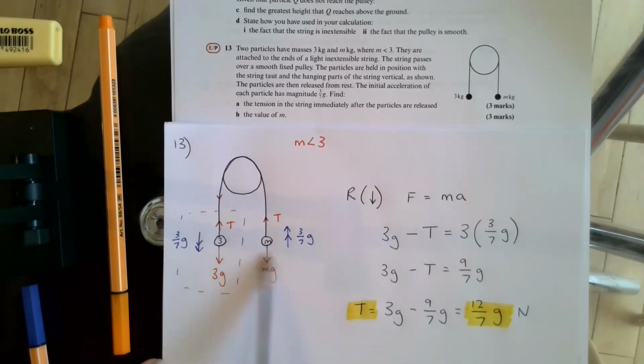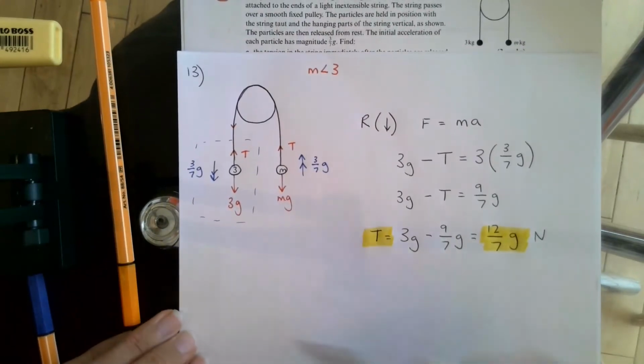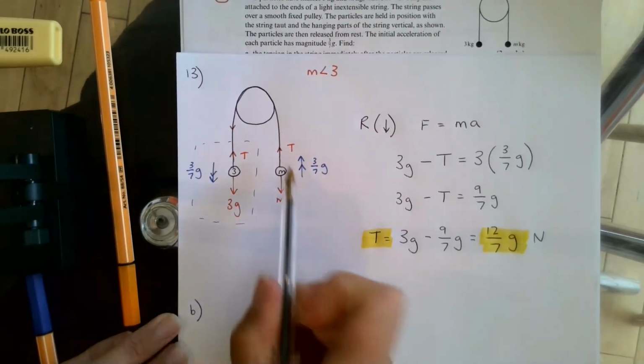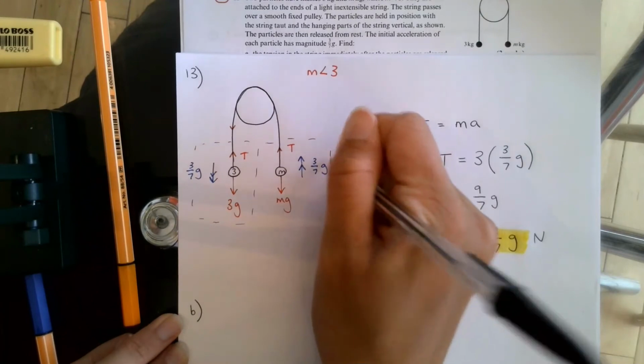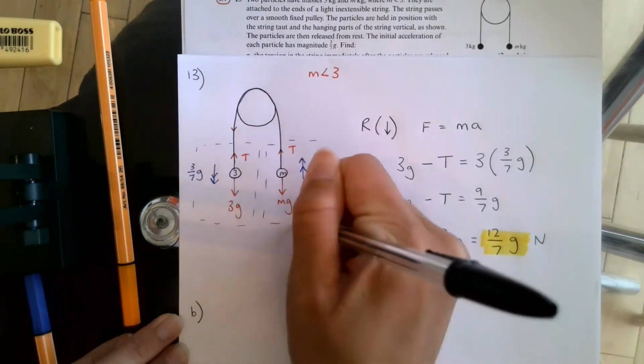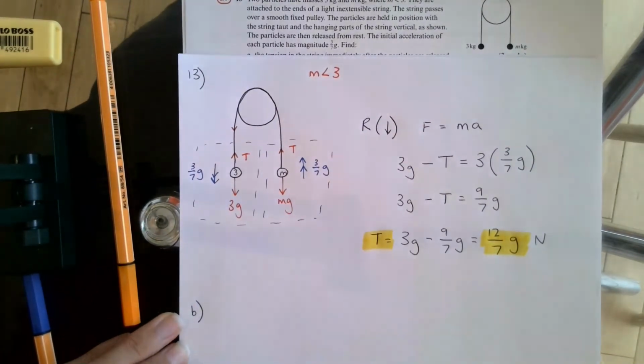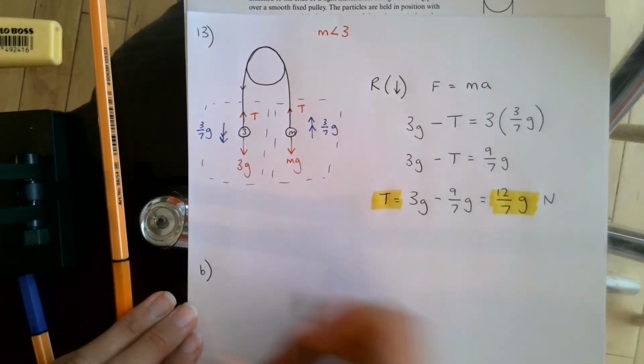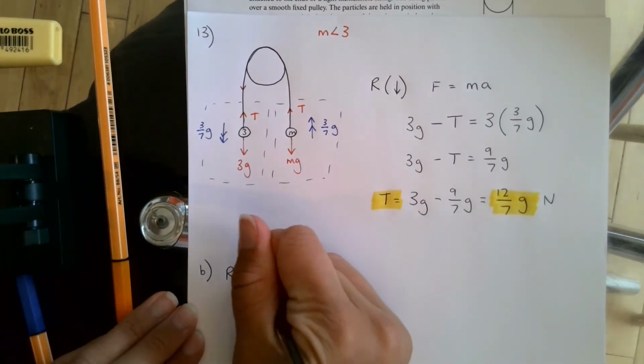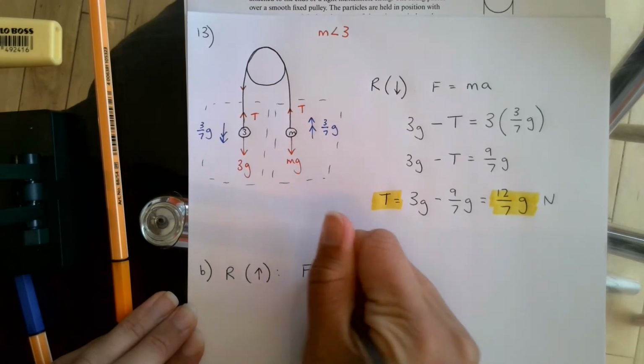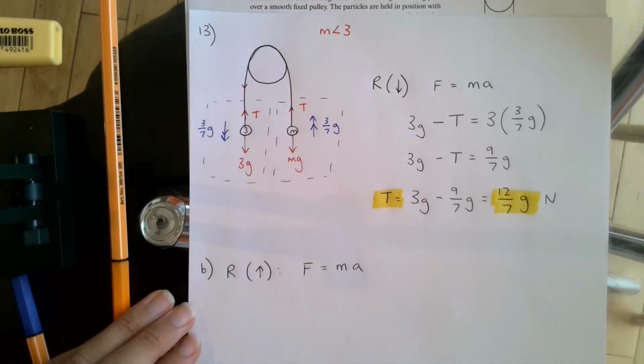Next we want to find the value of m. So for part B, I'm going to this time just look at this side. So I'm cutting off this section here, and I'm going to do the same thing. If I resolve upwards, I know that the resultant force equals the mass times the acceleration.